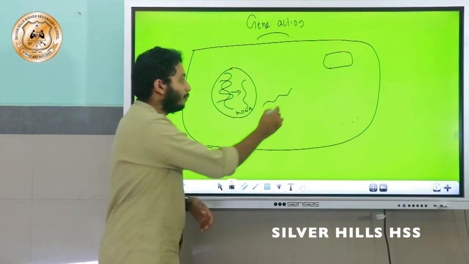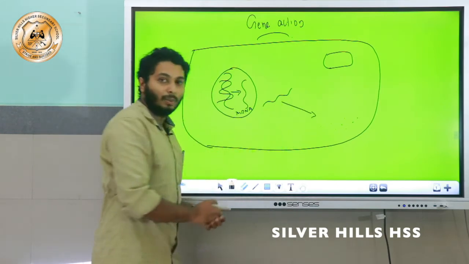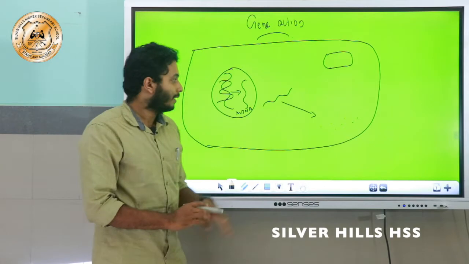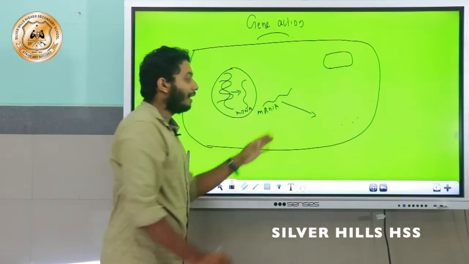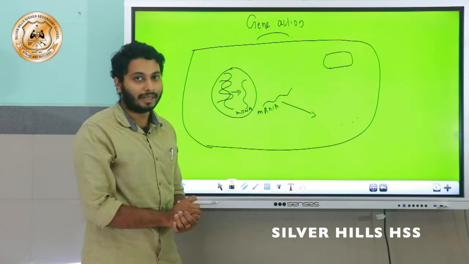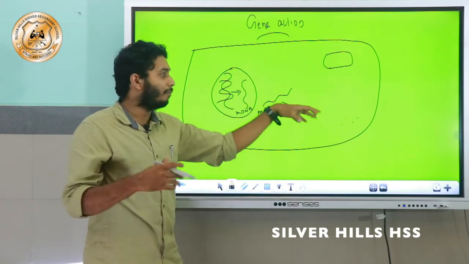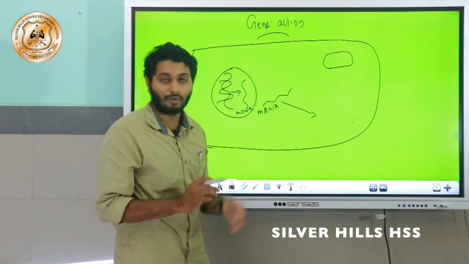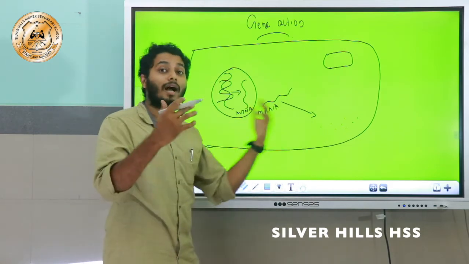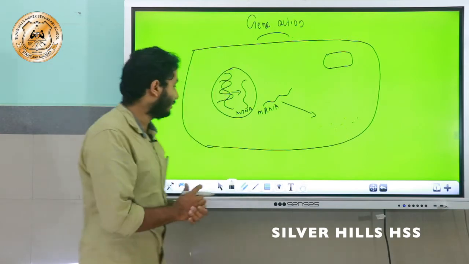So, the mRNA moves towards the amino acids in the cytoplasm, and this mRNA identifies the amino acids. The identified amino acids are transported to the ribosome by means of another RNA called tRNA.